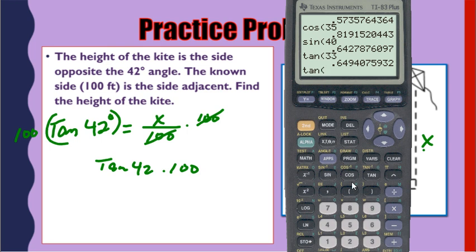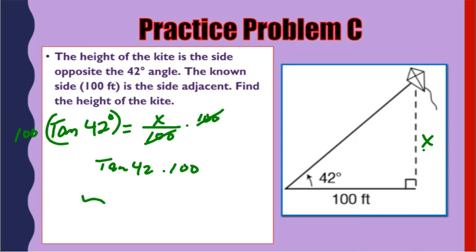Tangent 42 times 100. You get 90.04. And we can round that to the nearest foot. And so this would be about 90 feet. So that is our lesson today on sine, cosine, and tangent.